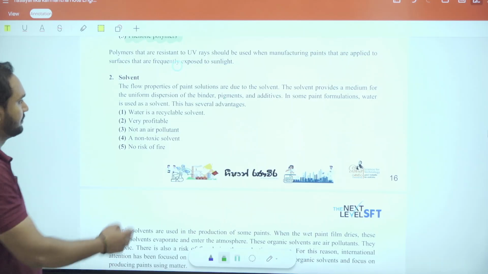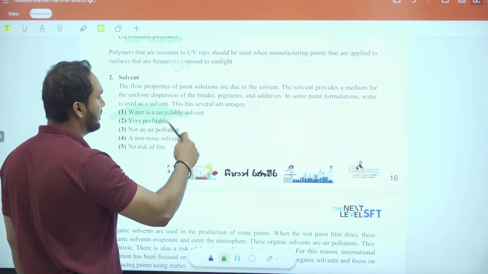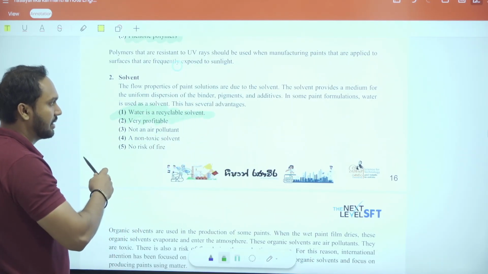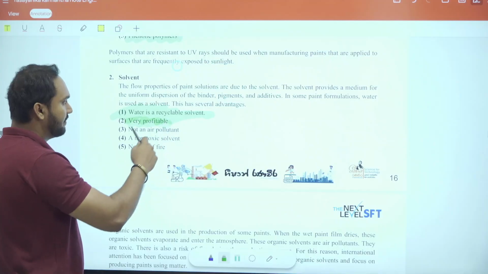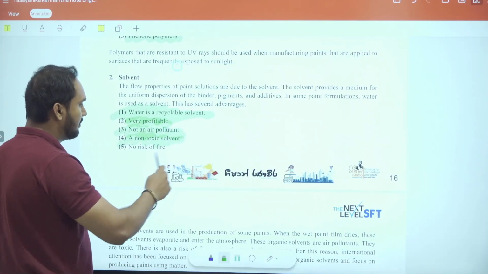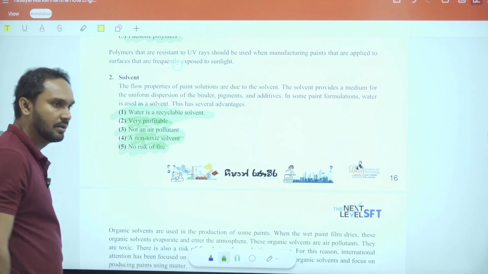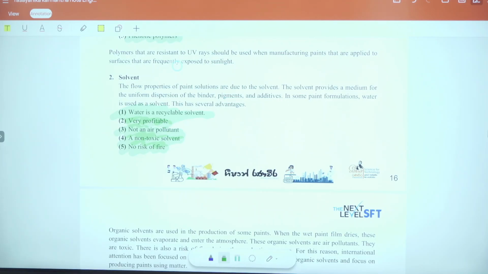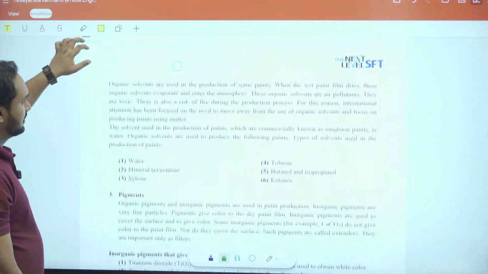That is the importance of water as a solvent. Water is a recyclable solvent, very profitable, not an air pollutant, non-toxic, no risk of fire. Right? Come to this one.